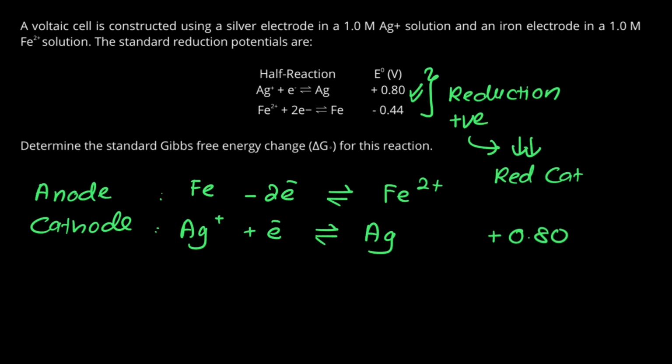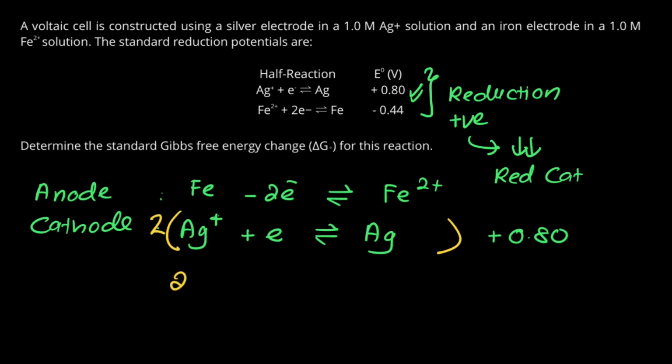Alright, so next we need to make sure that the number of electrons used is the same. So instead of just one, we need two, right? Supposedly at first it's just one electron, so we need 2 times it over here.